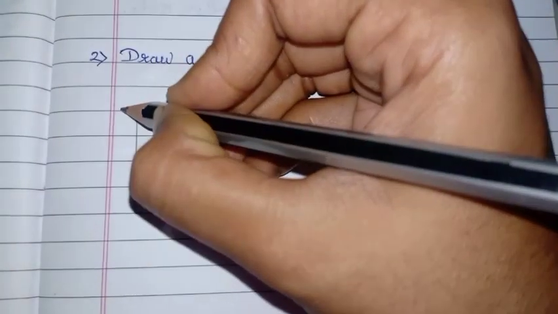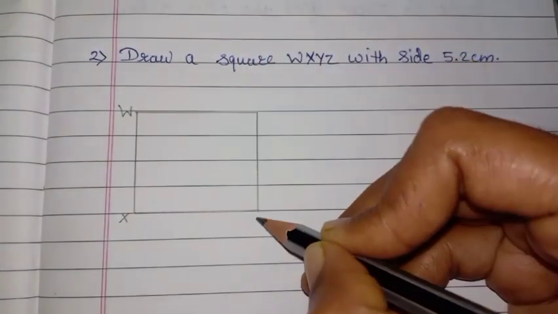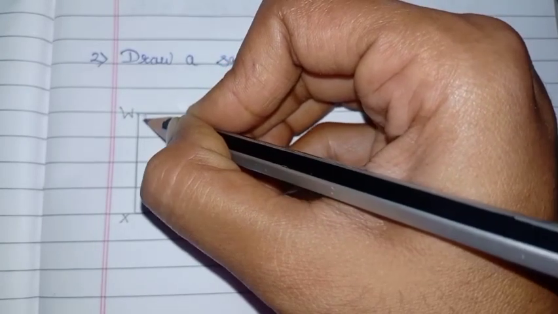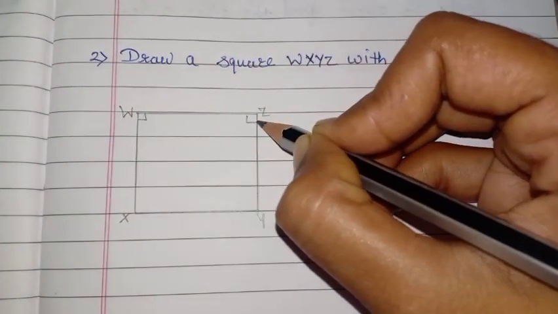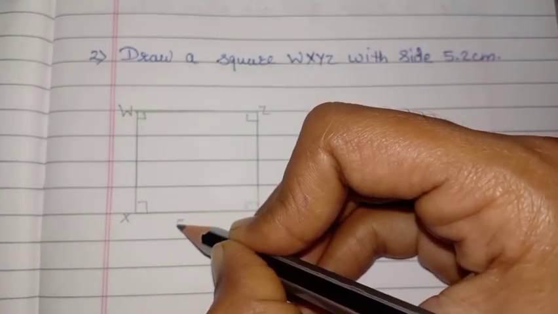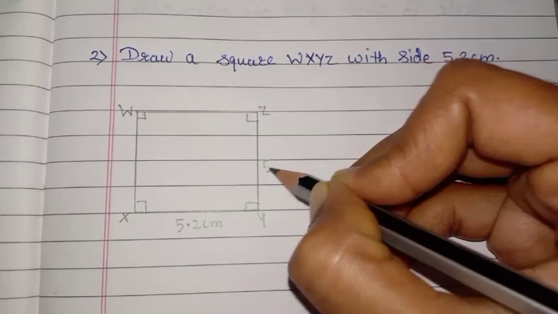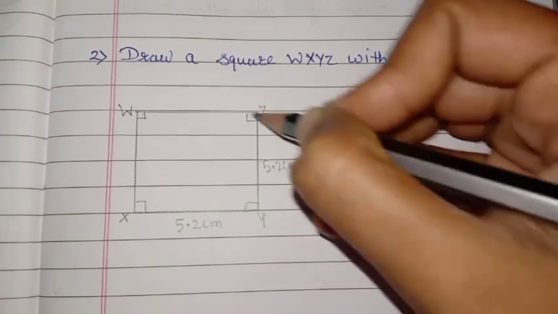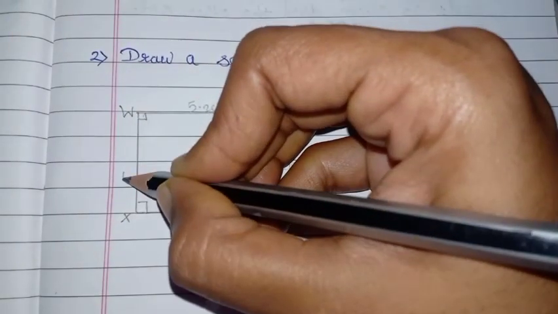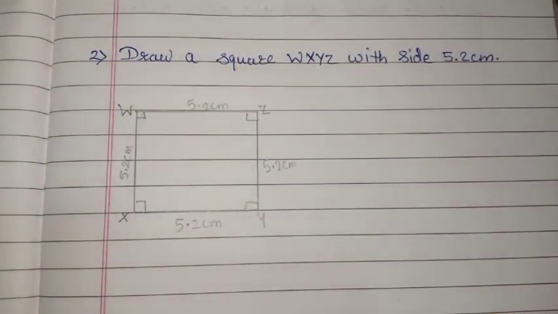Suppose this is square W, X, Y and Z. We have to show right angles also here. Write the measure of the side, 5.2 centimeters, everywhere. So this is the rough figure.